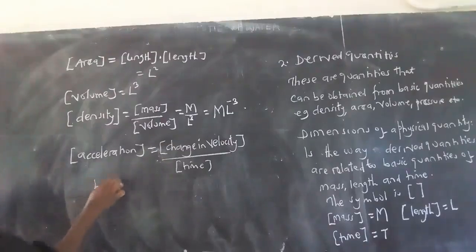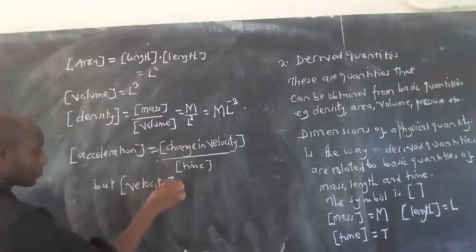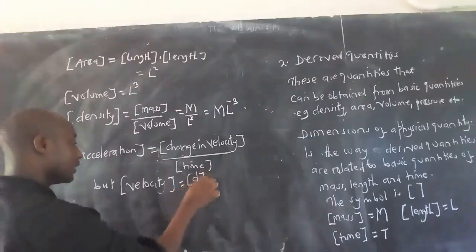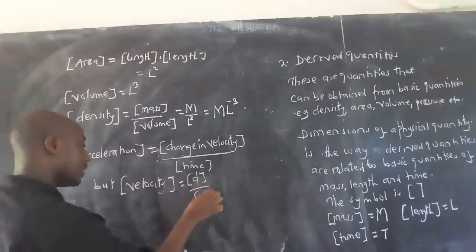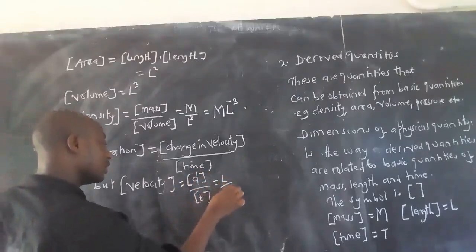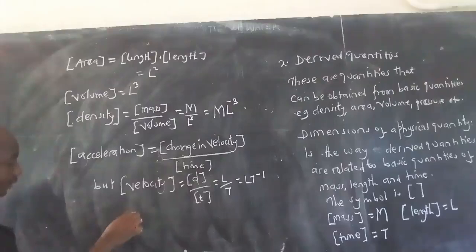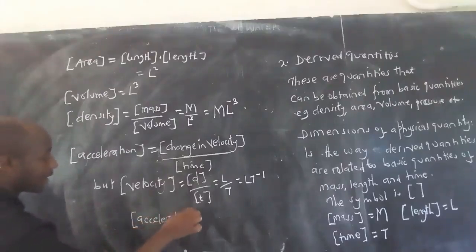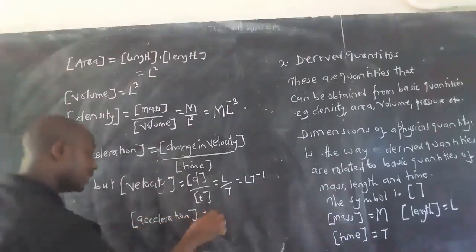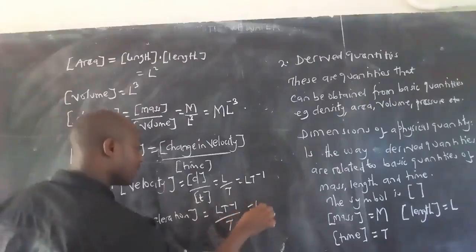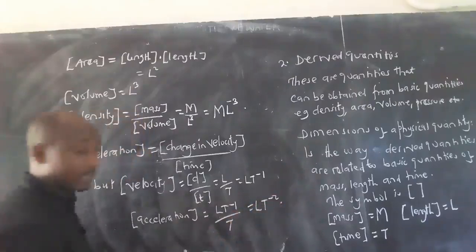But dimension of velocity is equal to dimension of distance over dimension of time, which is L over T, that's L T negative 1. So we substitute, and dimension of acceleration finally becomes L T negative 1 divided by T, which becomes L T negative 2.